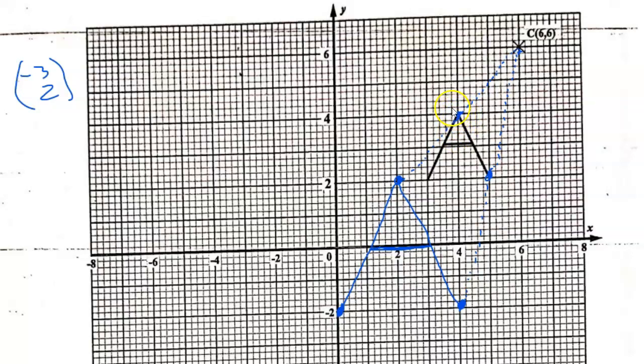So this point, three places to the left. Notice the first X movement, then Y movement. So this point, 1, 2, 3 places to the left and 2 places up.